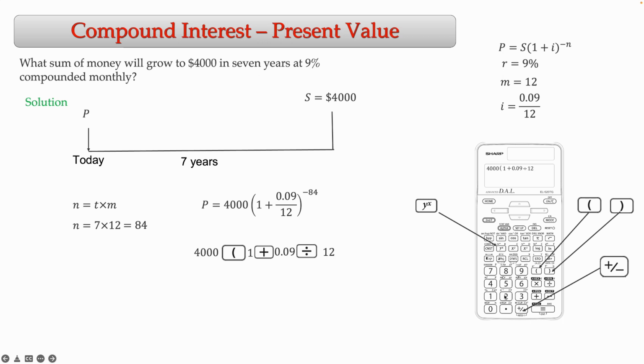Then I close the bracket that appears in the formula, and raise this to the power minus 84, using the sign key. In a scientific calculator, what I'm typing always appears here at the top. Then just press the equal key, and it gives you the answer.